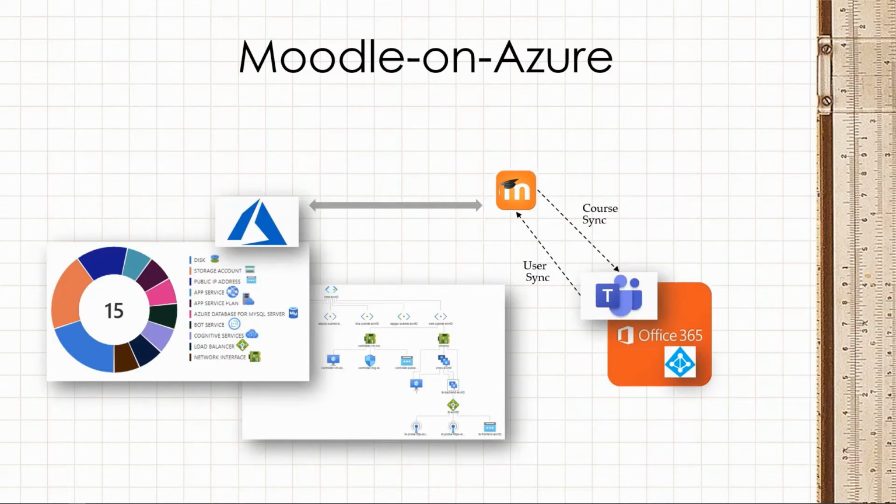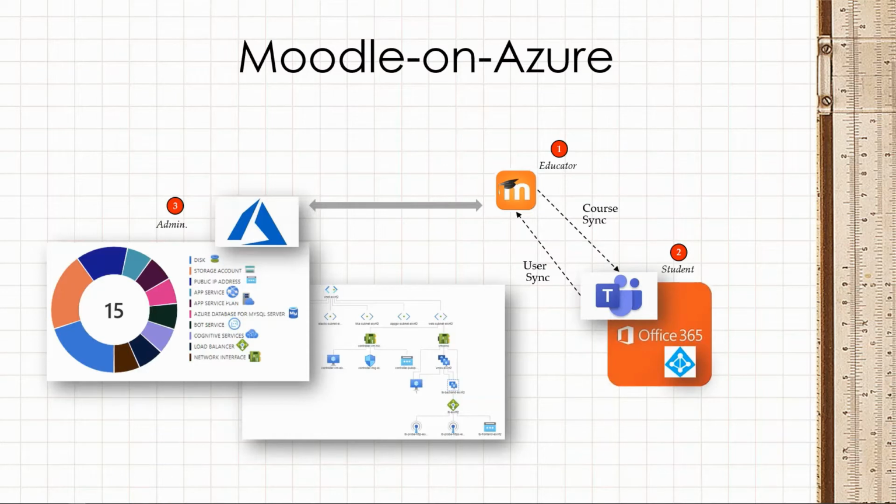You also can sync the Moodle courses to auto-create corresponding Microsoft Teams channels at scale, thereby benefiting from both the popular and extensive capability of Moodle and the collaborative digital learning environment of Office 365 and Microsoft Teams.